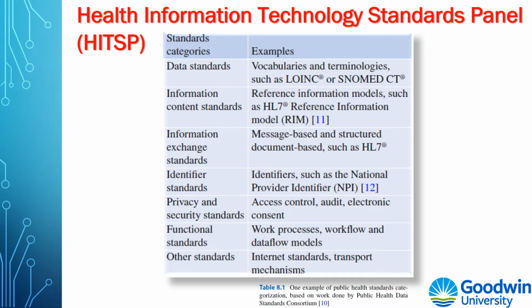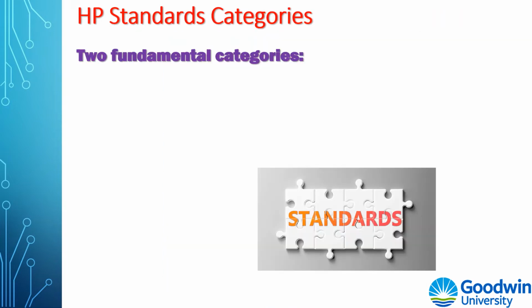There's message-based and structural things that HL7 supports. Identifiers such as the National Provider Identifier, NPI. There are privacy standards about access and control. There's work process ones, workflow, data models, internet standards, transport mechanisms, and there's many more. So you can see how complex they get.